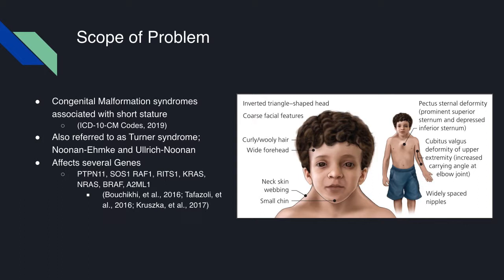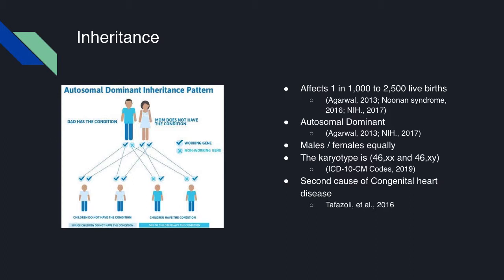It breaks down into another chain within one of the pathways, which I don't really talk about in this one, but I know several of the genes which are affected in Noonan syndrome have actually been shown in Turner syndrome. So this disease affects 1 in 1,000 to 2,500 live births, and it is inherited in an autosomal dominant manner.